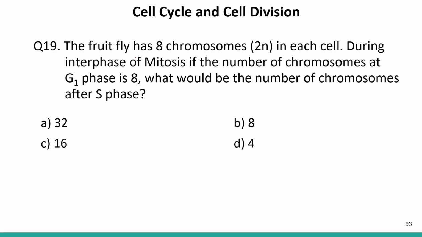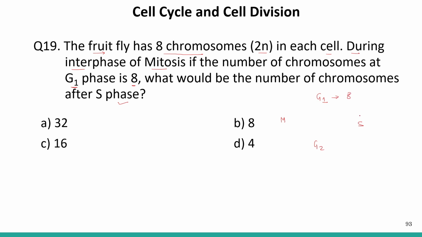The next question is about the fruit fly, which has 8 chromosomes in the diploid condition in each cell. During interphase of mitosis, if the number of chromosomes at G1 is 8, what would be the number of chromosomes after the S phase? We have the G1 phase, S phase, G2 phase and the M phase. At G1 chromosome number was 8.